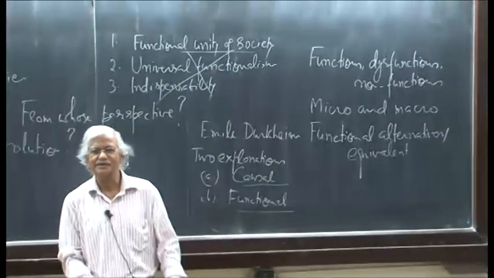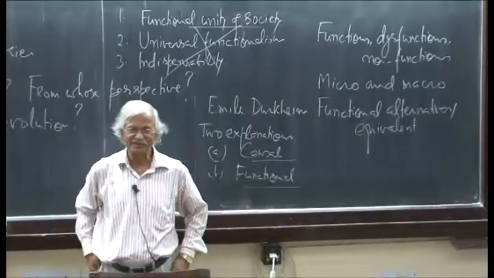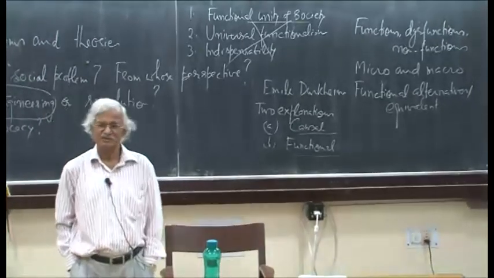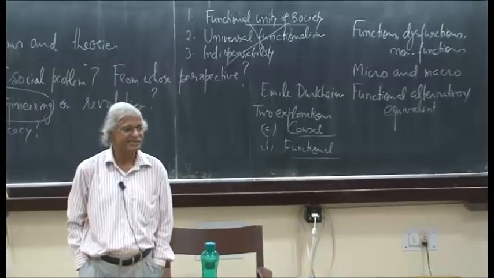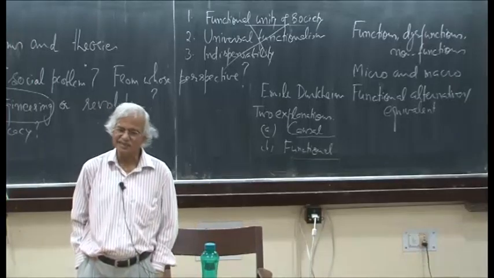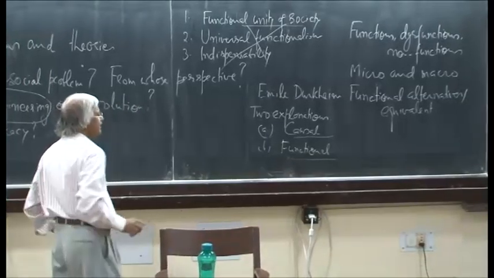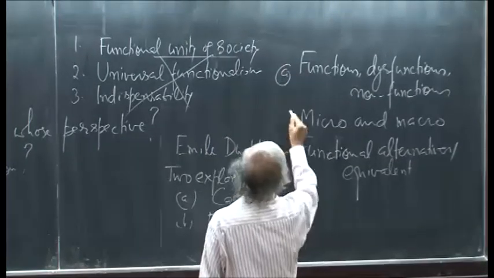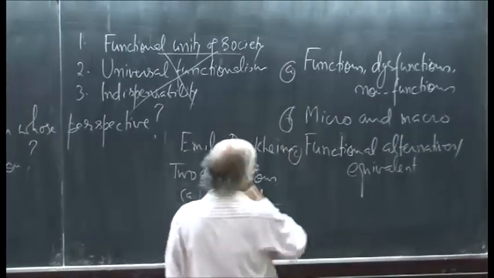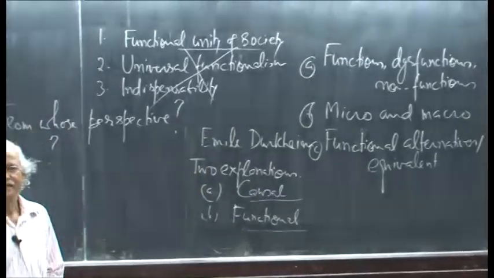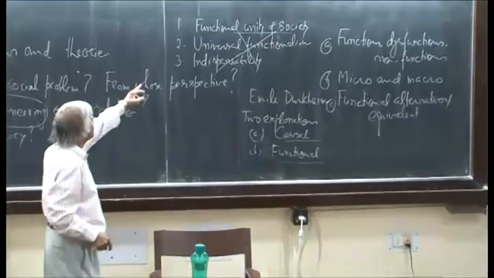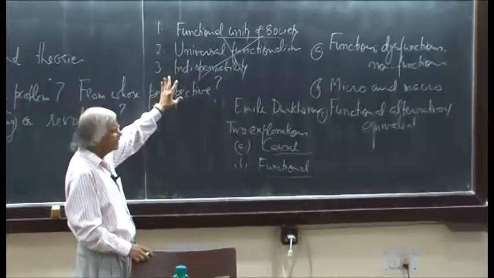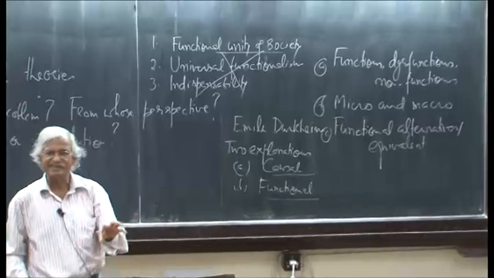Merton says that for functionalism to take care of various problems of society and to handle charges which are often labeled against functional theory, it must incorporate these three things: A, B, C. Let it be clear that these postulates 1, 2, 3 are not what Merton is suggesting.